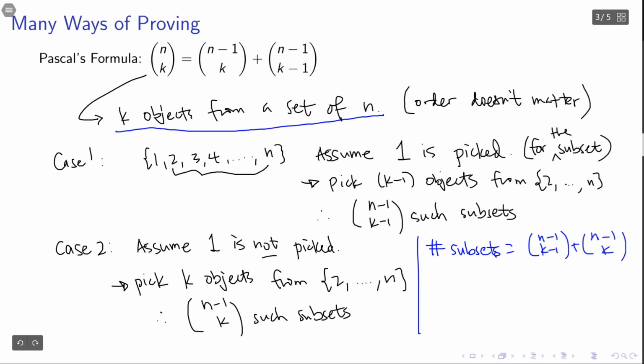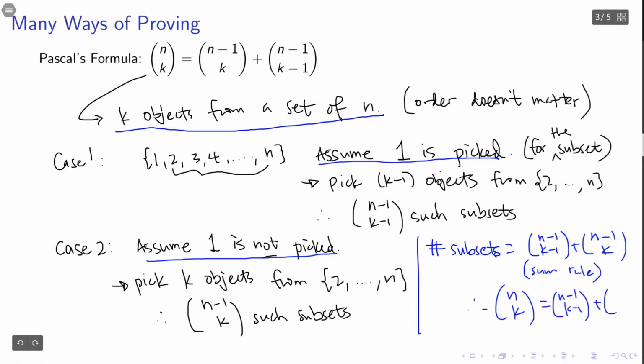Because this forms a partition of all the subsets. Either 1 is picked or 1 is not picked. And that's true for any subset of size k that we form. So this is by the sum rule. And therefore, this is equal to just the number of k-subsets from a set of size n, which is n choose k.